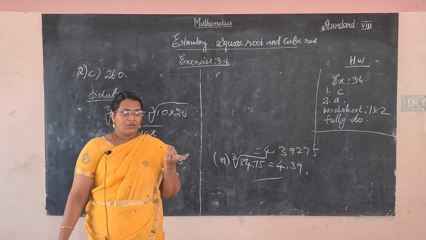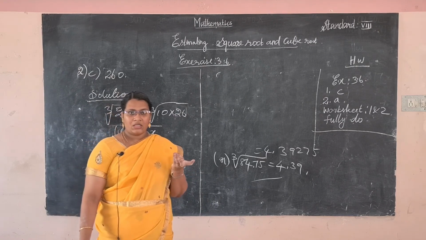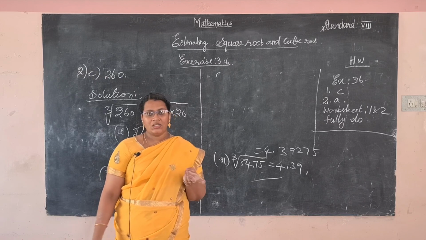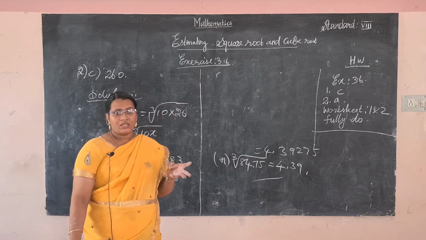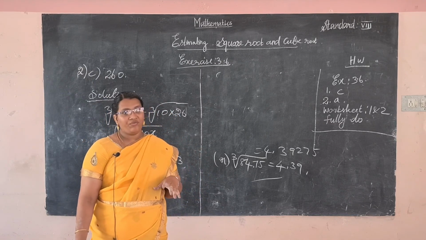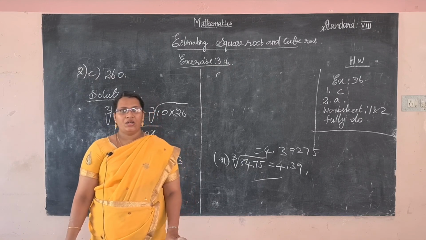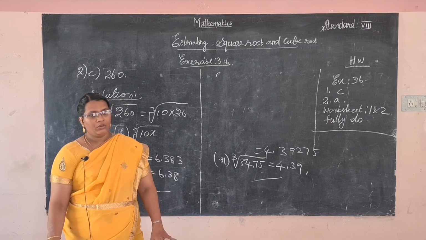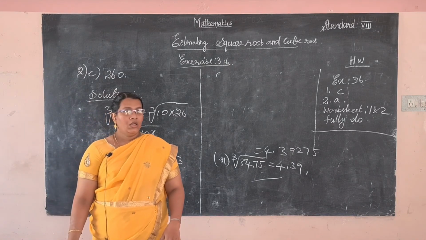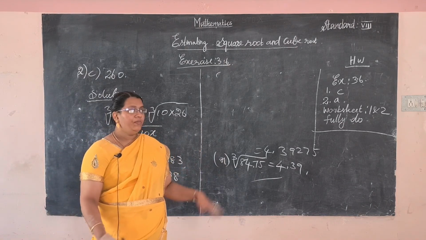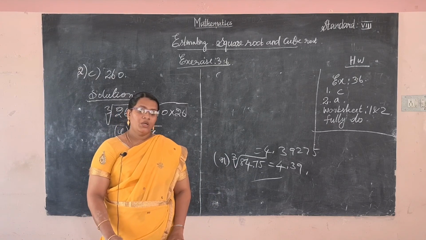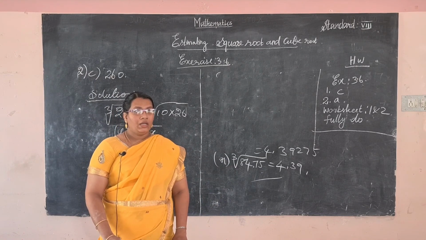So we have used the methods: successive subtraction, units and tens digit method, prime factorization method, and one more important method, the long division method. Also we have found the square root. Okay, I hope you all understood the concept in this chapter. Okay, if you have any doubt, you can ask me. Okay, thank you students.